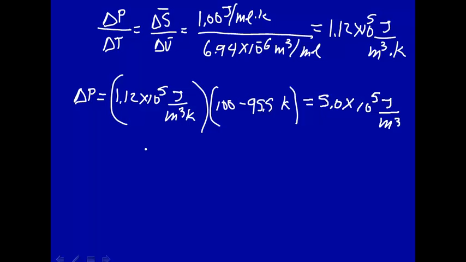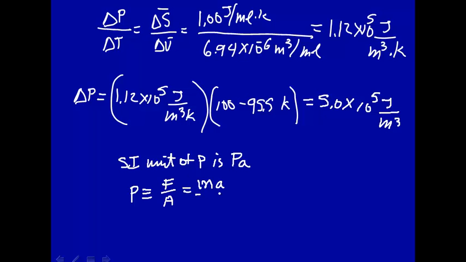The SI unit of pressure is the Pascal. Let's just figure out in fundamental units what the unit of pressure is. All right, so pressure is defined as force per unit area, and force is mass times acceleration over area.